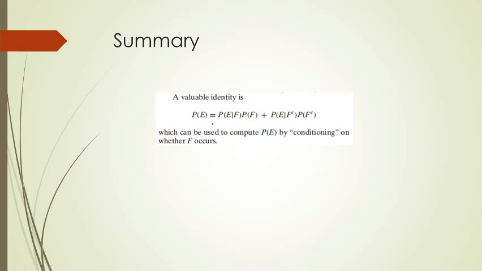How can we rewrite the probability of event E as those two? Here we use our notation. That will be the probability of B, which is the probability of B given A1 times the probability of A1, plus the probability of B given A2 times the probability of A2.